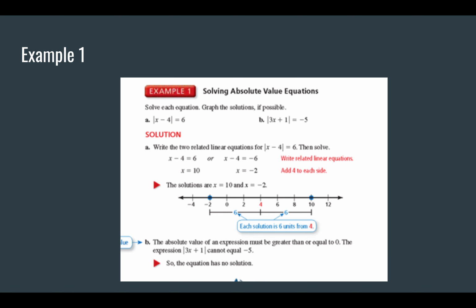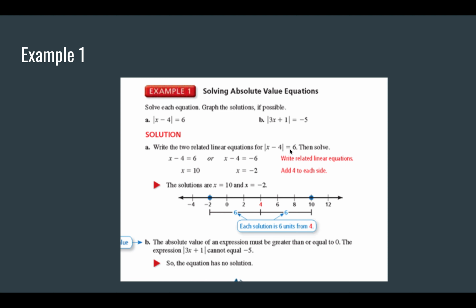Example 1. Solving absolute value equations. Solve each equation, graph the solutions if it's possible. Okay, a is the absolute value of x minus 4 equals 6, and b is the absolute value of 3x plus 1 equals minus 5. For the solution, it says write the two related linear equations for the absolute value of x minus 4 equals 6, then solve.